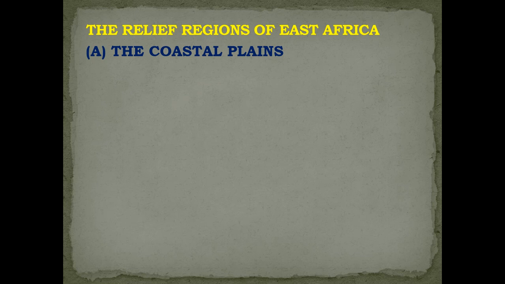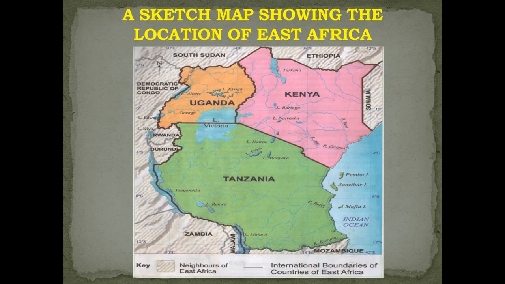Therefore, this part of the introduction is important because it opens us to the region that we are going to be handling in Senior 3 and in Senior 4, constituting Paper 1.